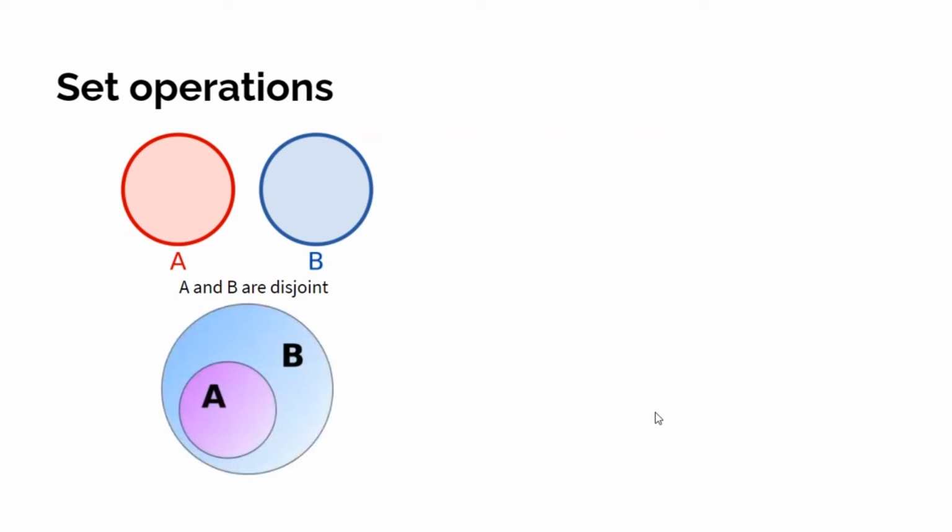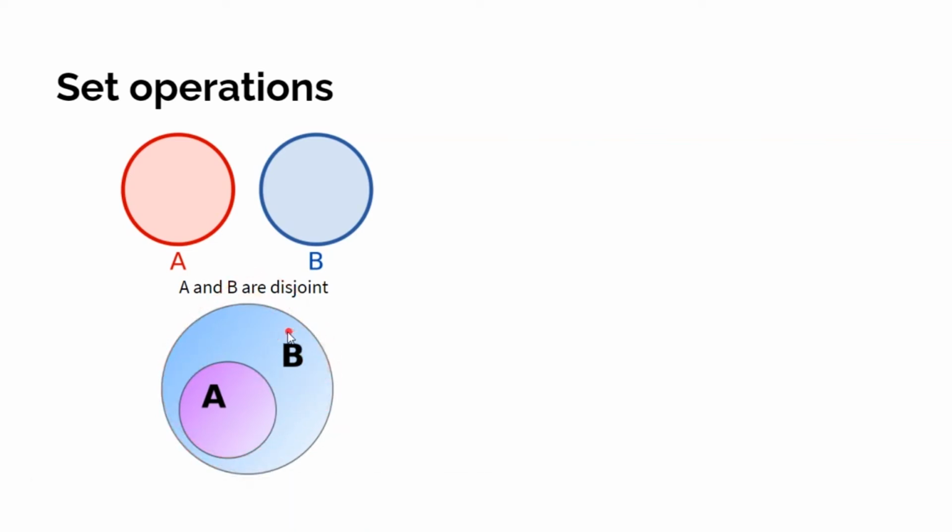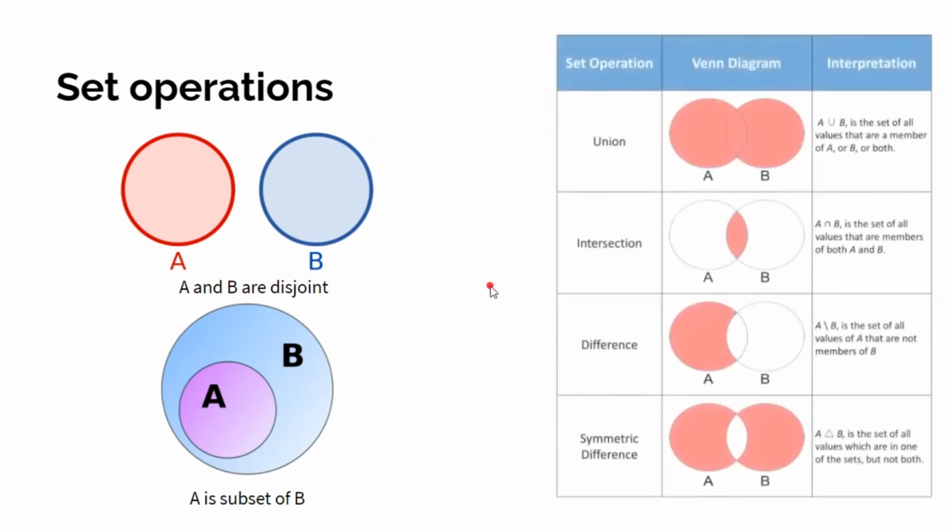Now look into this A and B. Here you can see that every element of A is present in B. That's why we will call that A is the subset of B. A is the subset of B and B is the superset of A. Now suppose that we have two sets again, and there is one operation that is called union.